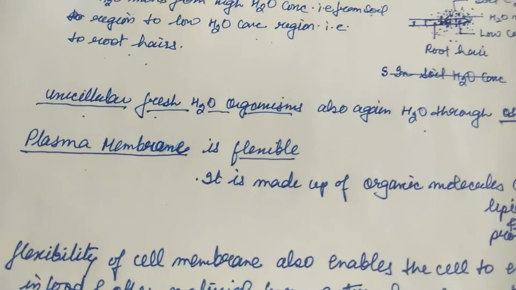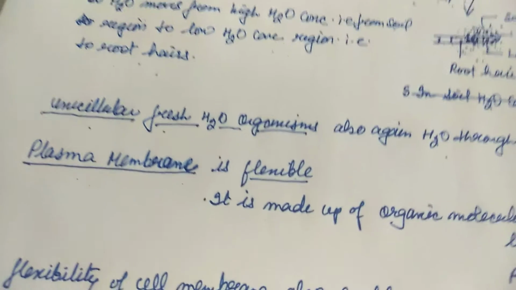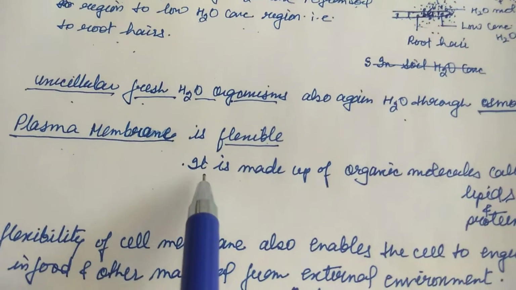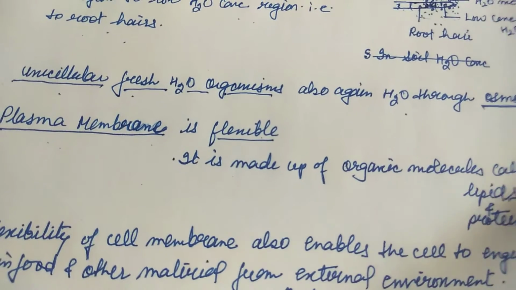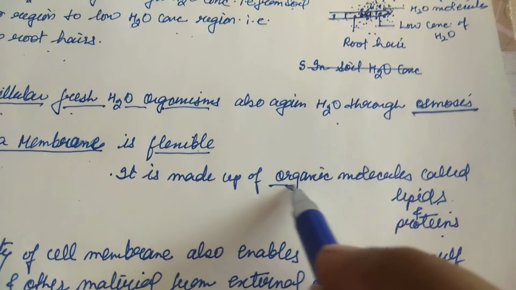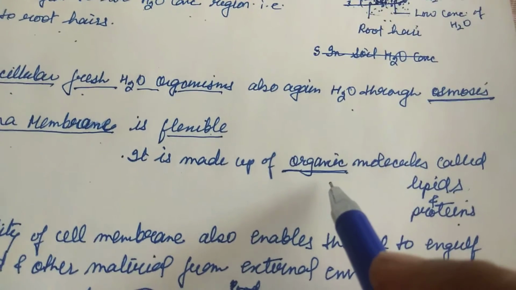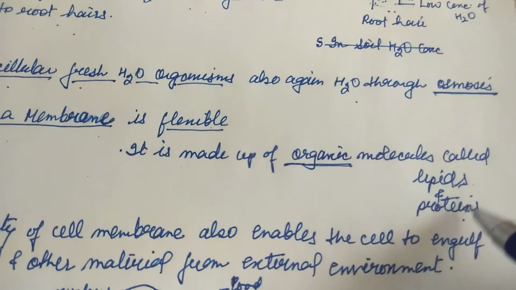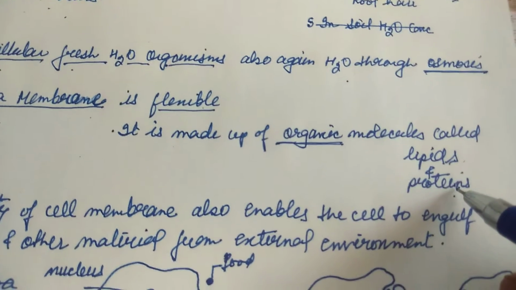There is one more property of plasma membrane, that is, the plasma membrane is flexible. So what is it made up of? The plasma membrane is made up of organic molecules called lipids and proteins. What is an organic molecule? Organic molecules have carbon and hydrogen. Lipids and proteins are complex molecules made up of carbon, hydrogen and other elements also.